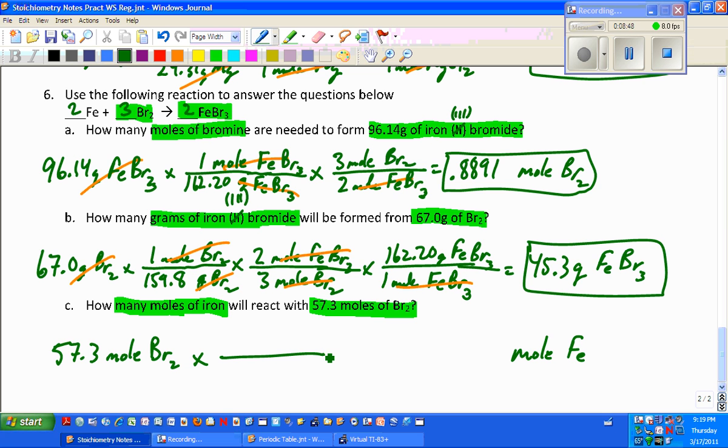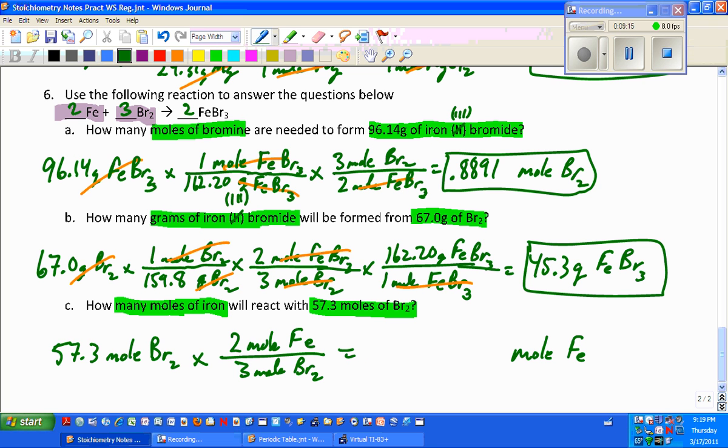So molar ratio, the two things I'm interested in are bromine and iron. So it's 2 and 3. So 2 moles of iron on the top, 3 moles of bromine on the bottom.